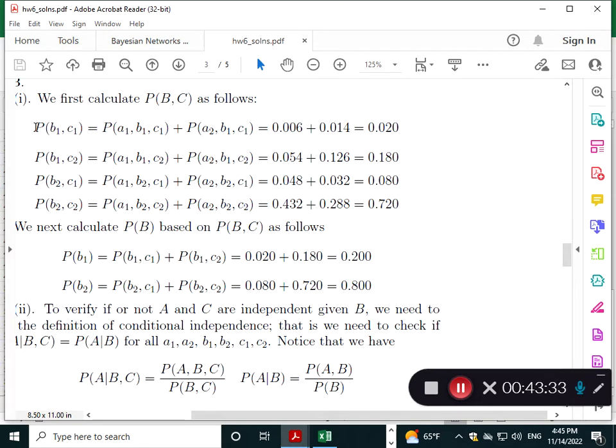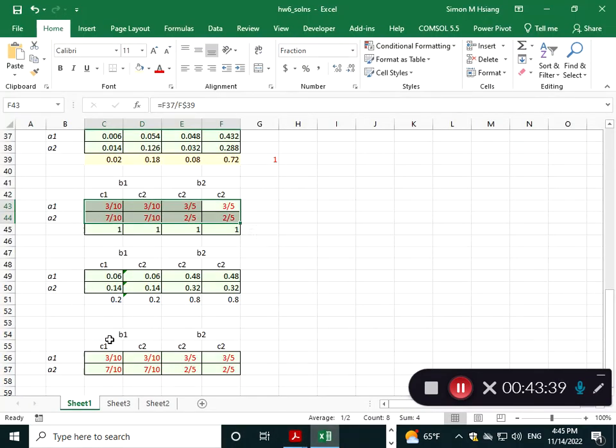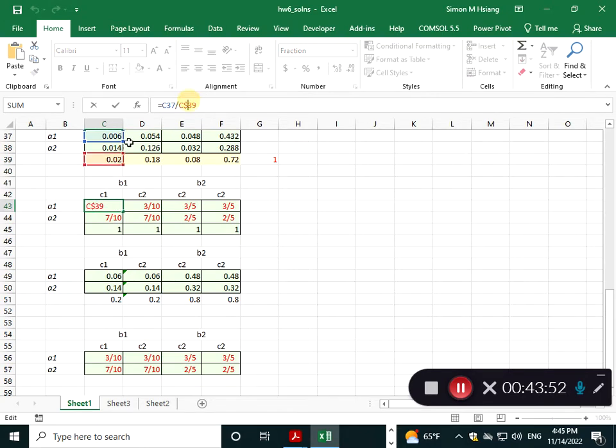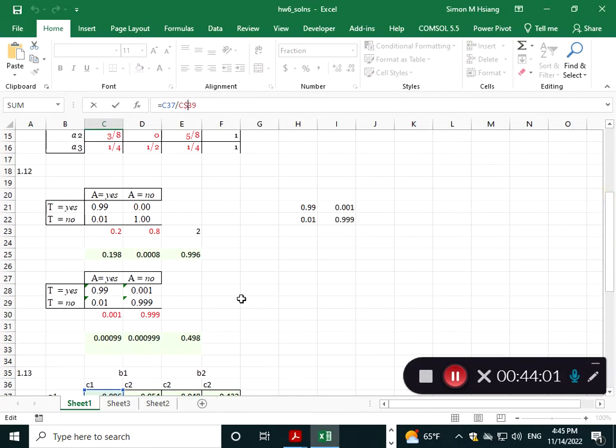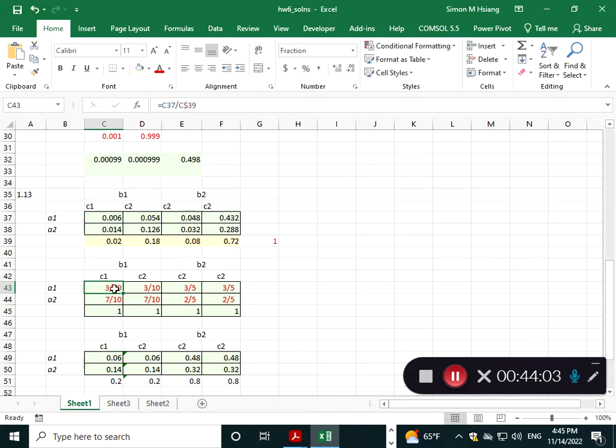Can everybody see that B1, C1, this 4 number equals this 4 number? Agree? Now I'm starting to play tricks: everybody is now divided by given B1, C1. So I get 3/10, 3/10, 3/7, yada yada. I'm done. Now, this is doing it this way.